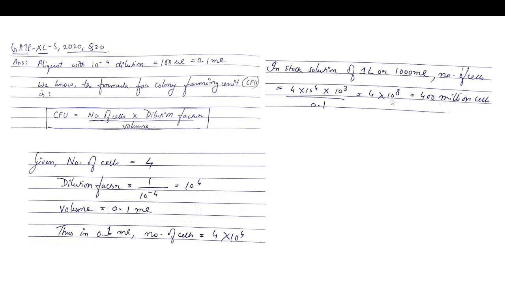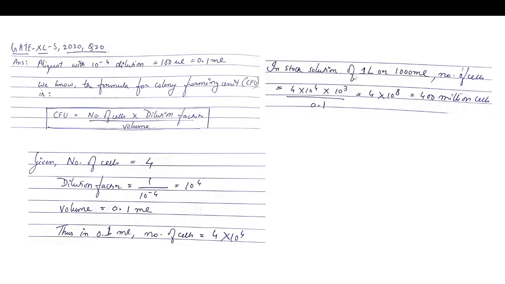Because we are interested in how many cells are present in 1 liter. In 0.1 ml there are 4 into 10 to the 4 cells, so in 1000 ml the amount of cells will be 4 million cells.